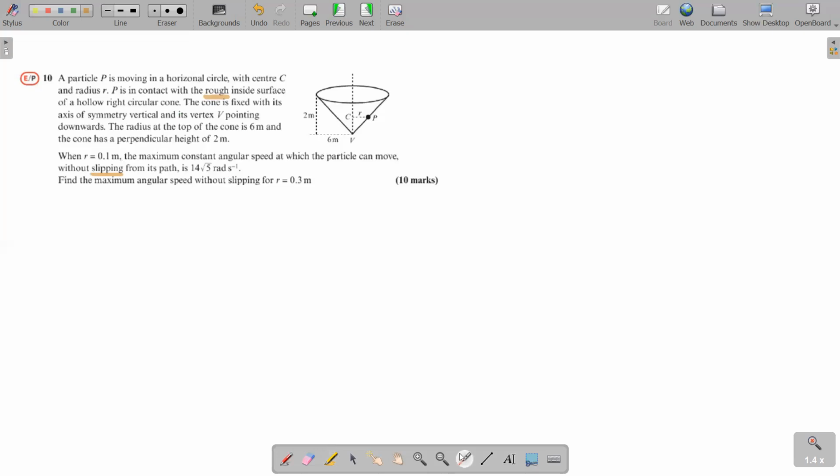They're asking you to find the maximum angular speed without slipping for r equals 0.3. This is a different radius. For r equals 0.3, what's the maximum angular speed you can achieve? First thing is let's draw a clear diagram and mark all our forces. The force diagram is critical.